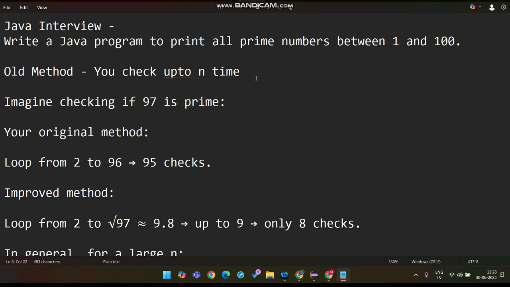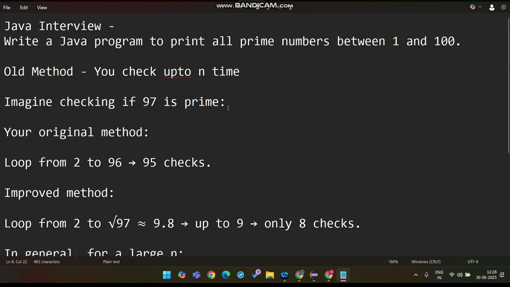But now, if you try to optimize this existing code, we can check up to the square root of that particular number. It will reduce the number of checks, because every time we check the division, we will only go up to the square root of that number.